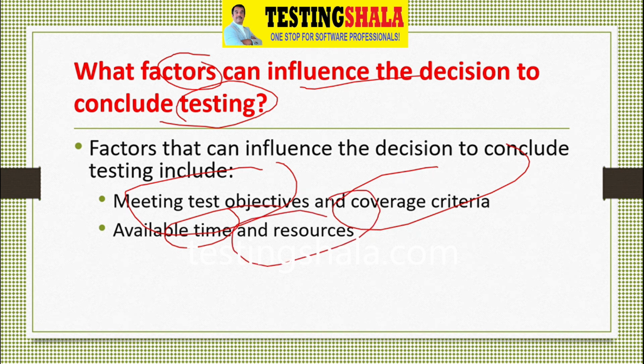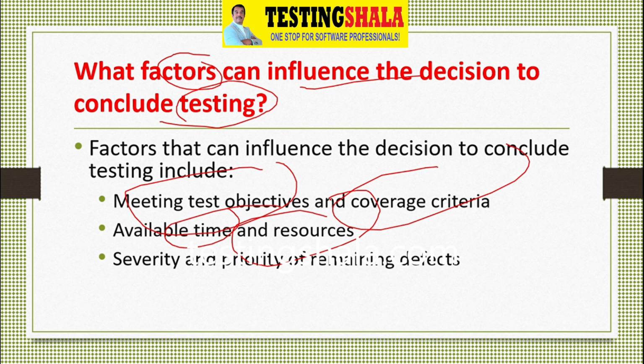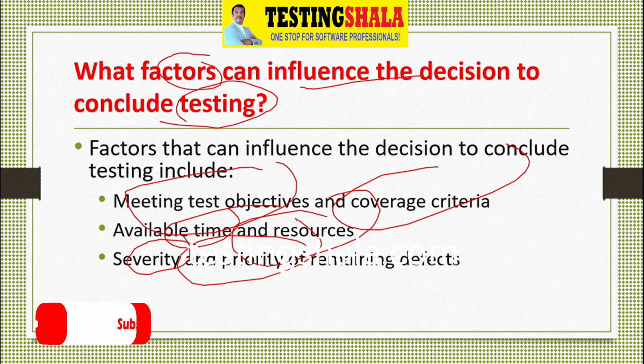That also defines when to close the testing, because time, effort and resources are all limited in our testing projects. We also have to validate the severities and priorities of the defects, and based on that we should be able to take a call.